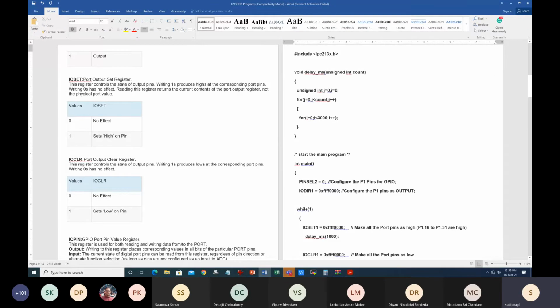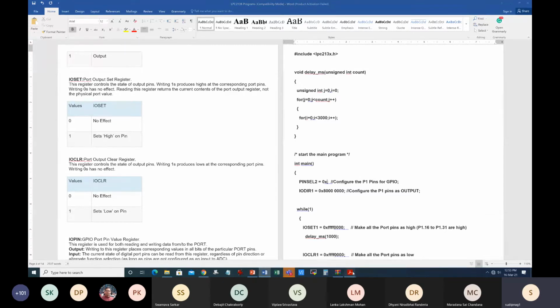0x. I'm making it IO. I have to. This is 8. And so can you understand why this 8? Because 1000. So that is P1.31, and port pin select 2. Which pin from port pin select 2?